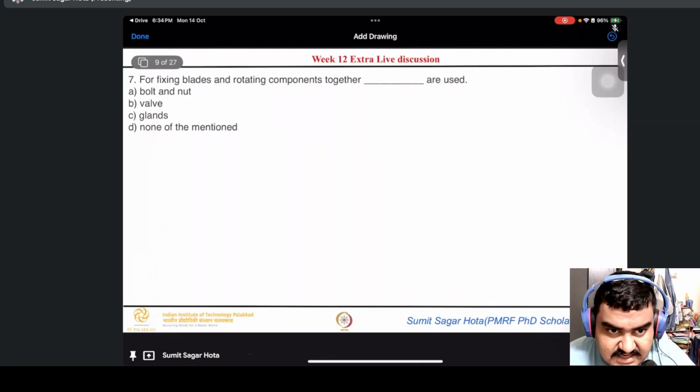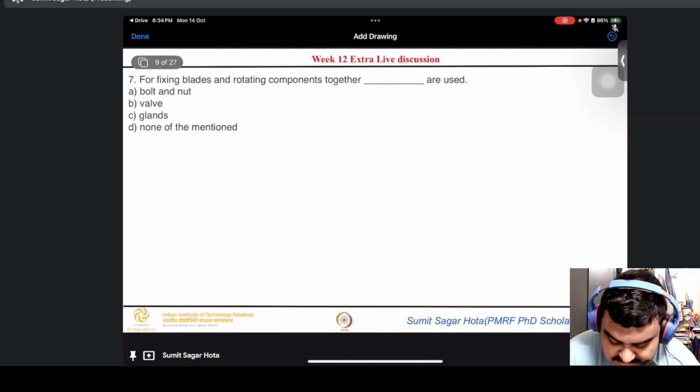For mixing blades and rotating components together, dash are used. We call this a new term called glands, G-L-A-N-D-S, glands.